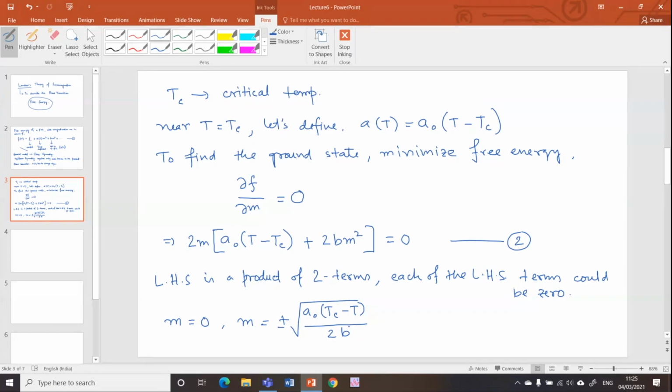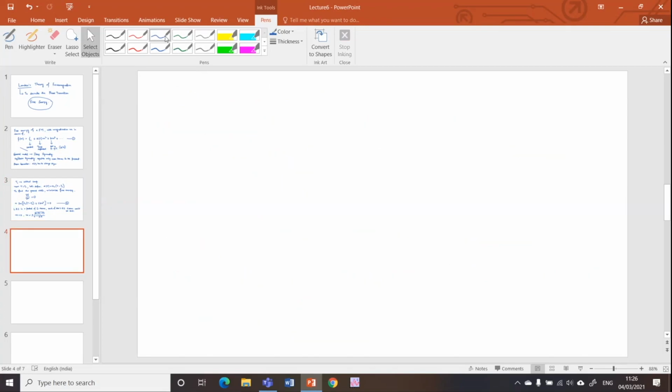Now m equal to 0 means that magnetization is 0, so that can only describe the system when the temperature is above critical temperature. Let me write it down.